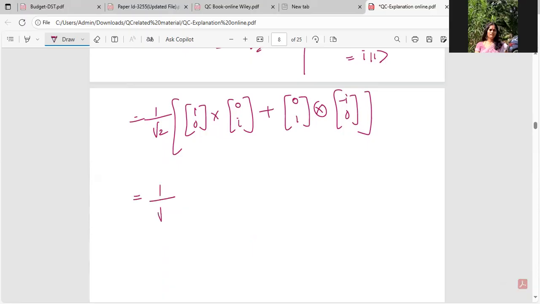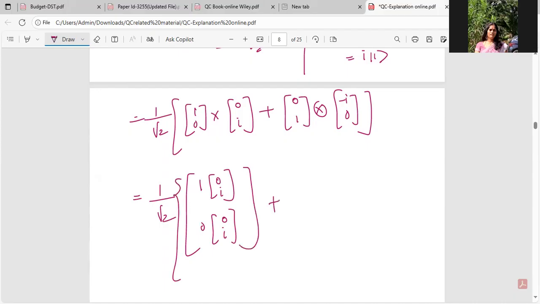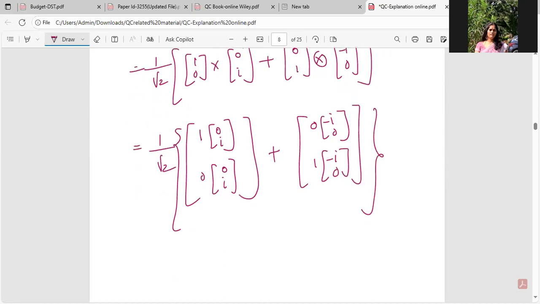So 1 by root 2: 1 into 0 i, 0 into 0 i, there will be one vector here. Another vector would be 0 into minus i 0, 1 into minus i 0. So 1 by root 2, 0 i 0 0 is the first one. Second one, 0 into anything is 0, 0 0 minus i 0.